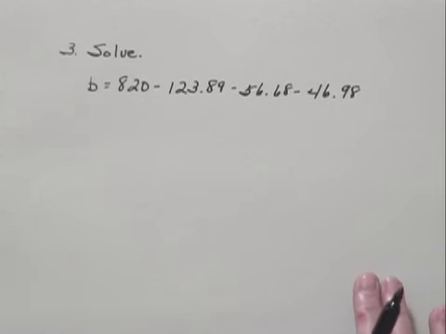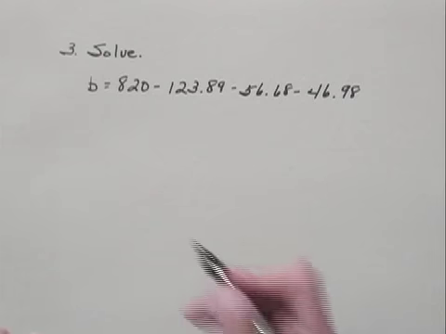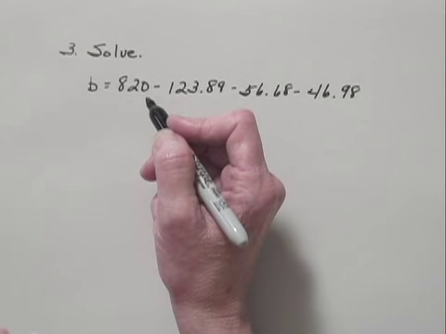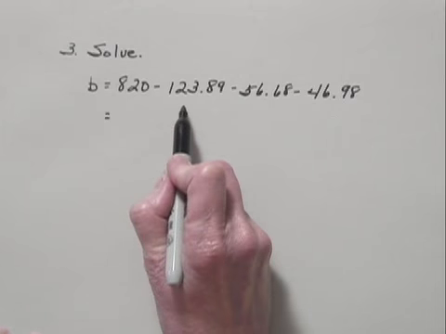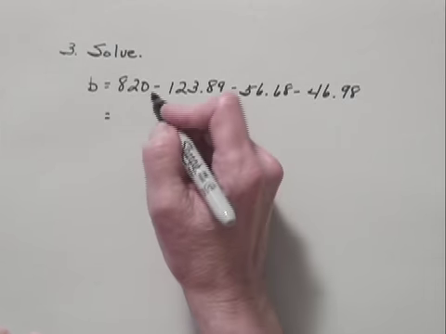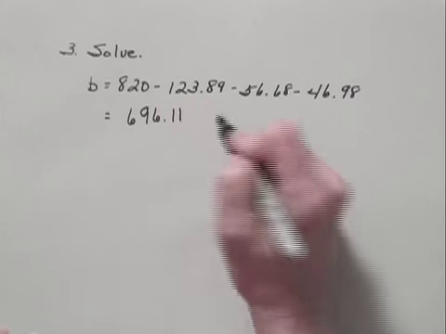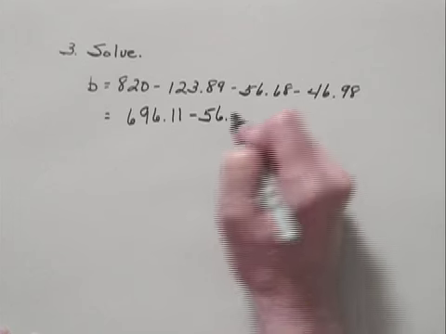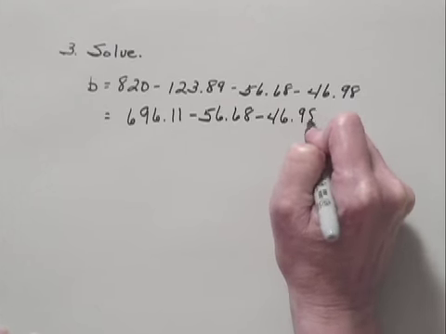So we've translated to this equation, and the next thing we want to do is to solve it. And to do that, we'll just use order of operations to do the subtractions in order from left to right. So we would say that B is equal to, first of all, 820 minus 123.89, which is 696.11. And then we still have to subtract 56.68 and 46.98.